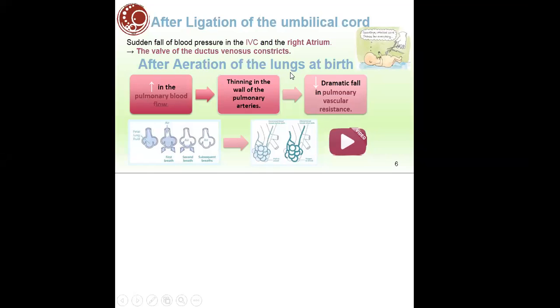After aeration of the lungs at birth, what happens in the pulmonary circulation? The pulmonary blood flow increases because now the baby has the fluid. This bluish one represents the fluid.